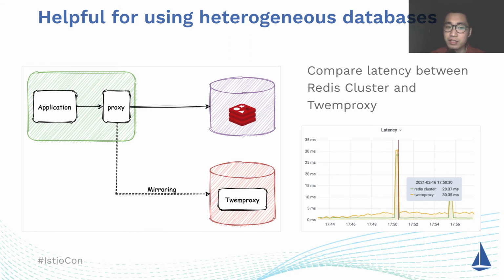By using Aeraki to mirror traffic, we could use production traffic to know the performance differences between the heterogeneous databases before migration. Like the right part of this page, we can see the panel here to know the latency gap between Redis and Twemproxy.